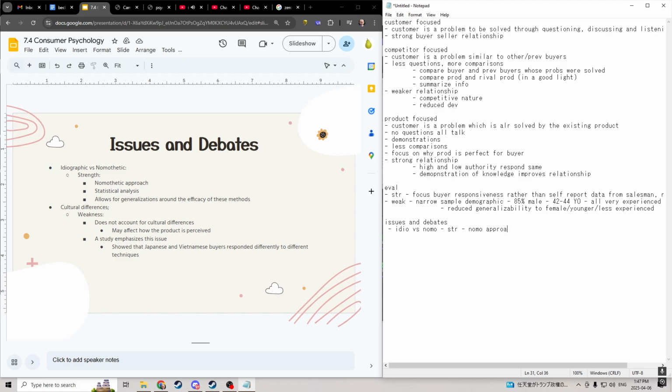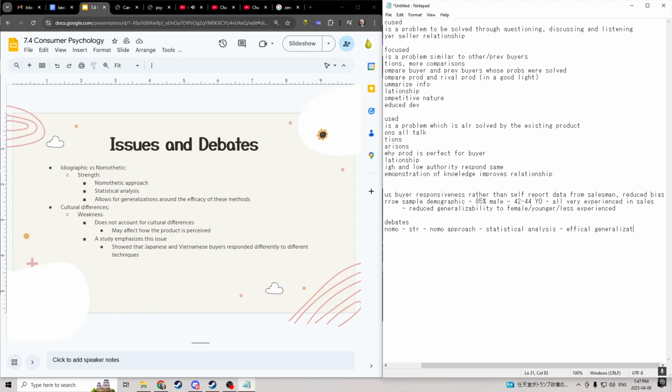Nomo approach. Statistical analysis allows for generalizations around the efficacy of these methods.